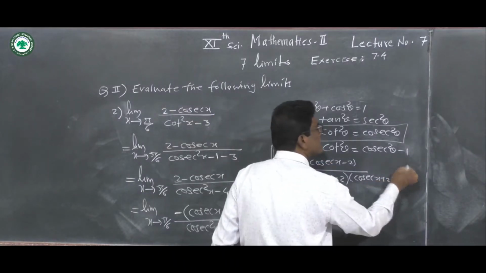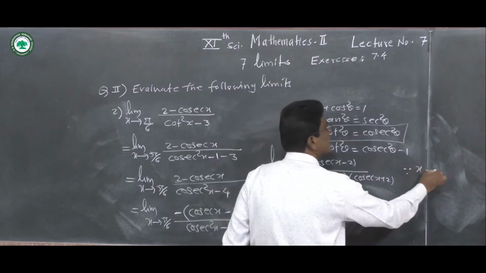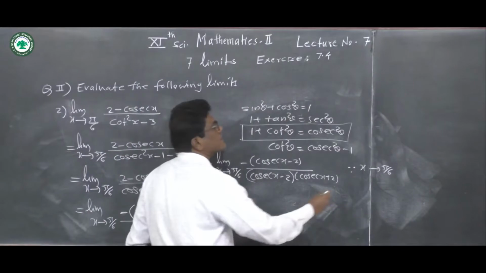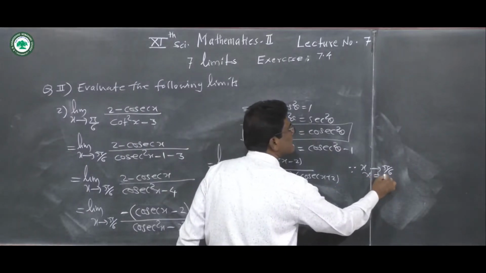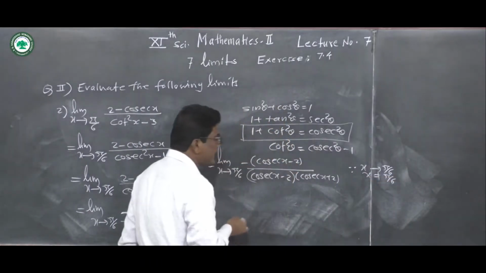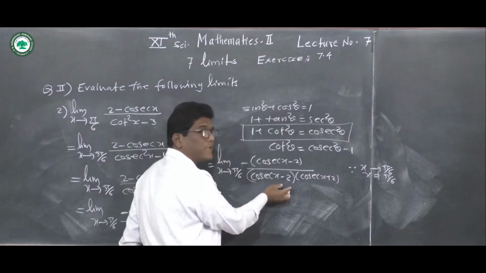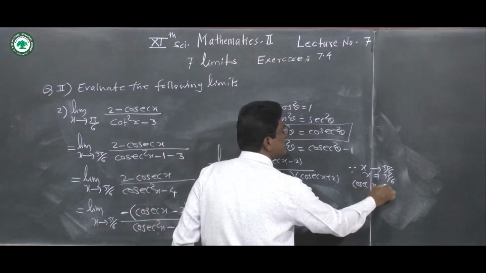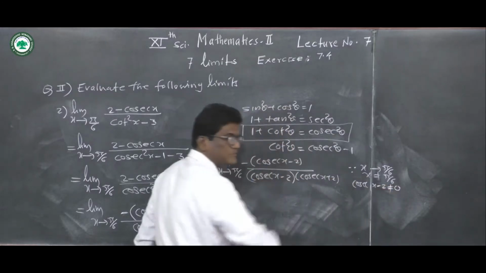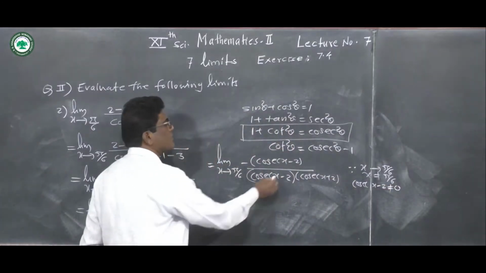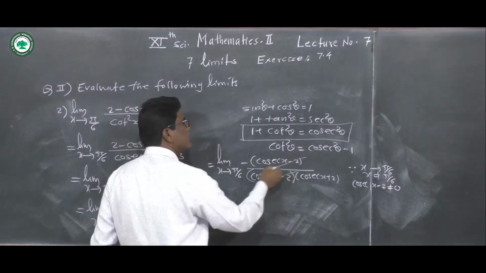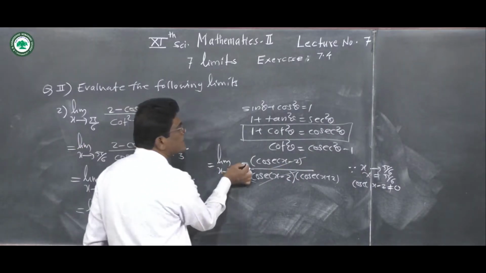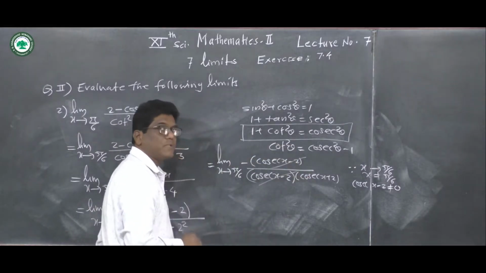Because x tends to pi by 6 means x is not equal to pi by 6, so the factor cosec x minus 2 is not equal to 0. Then we cancel the common factor cosec x minus 2, and what remains is minus 1 upon cosec x plus 2.